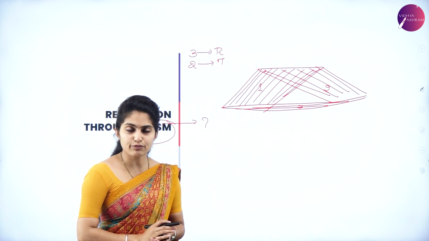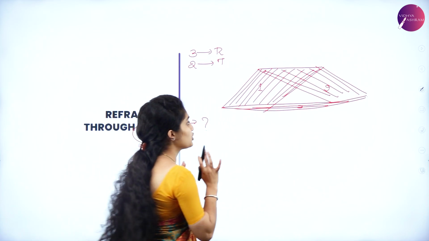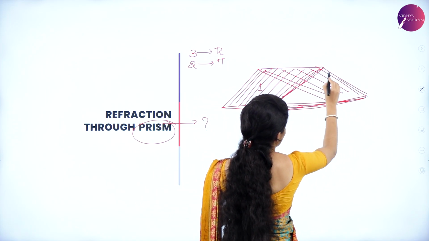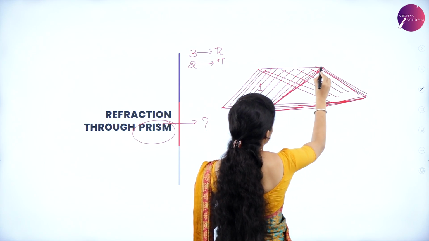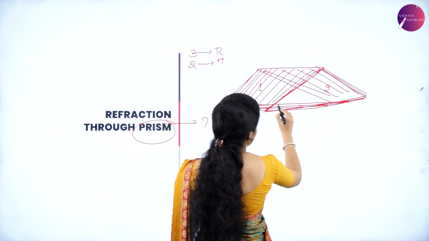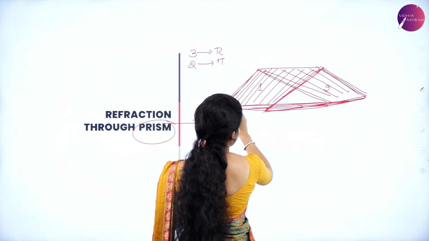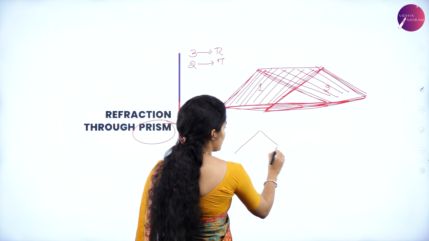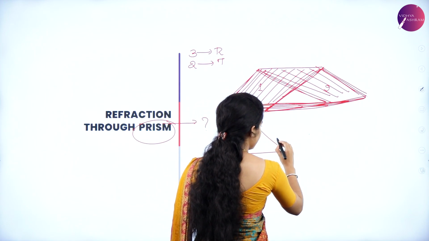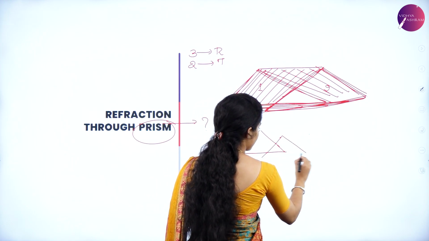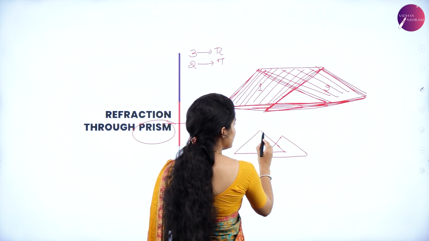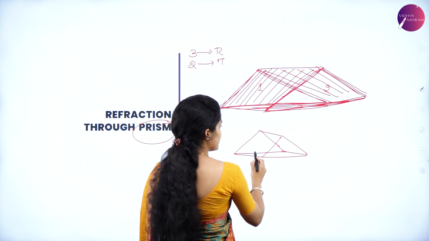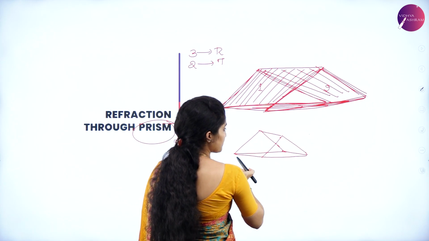Now we are left with just 2 triangles to cover the prism. This is one triangle which covers, and this is the other triangle which covers. So there are 2 triangles joining the rectangular surfaces: one surface, two surfaces, base, one surface.